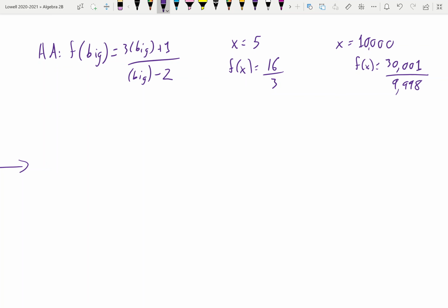My question is, how important are that plus 1 and minus 2 actually when x is really big? And what I mean by that is, what would happen if it wasn't there? So if I just evaluate this without the plus 1 and minus 2, then I should get 3, because it should be like that.